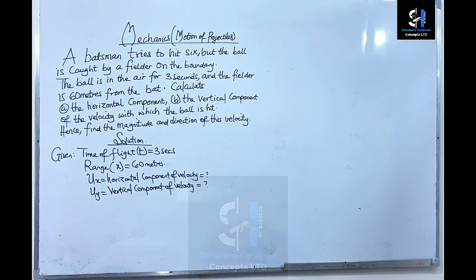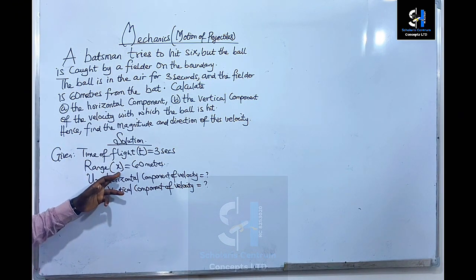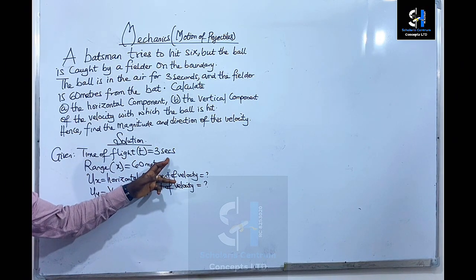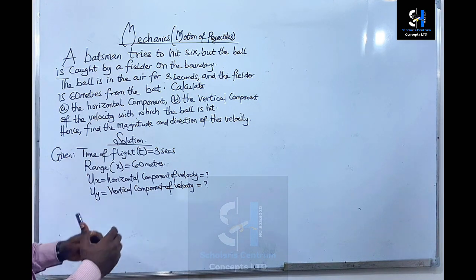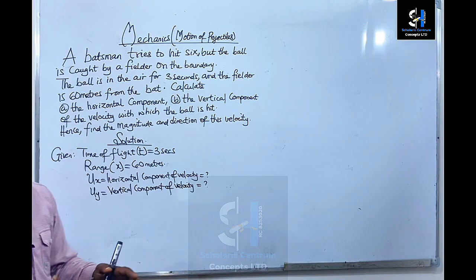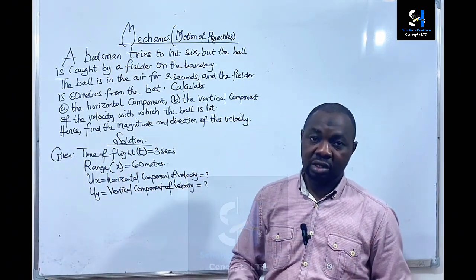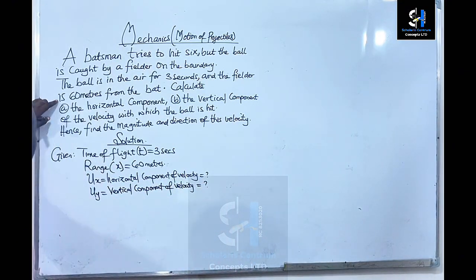All right, so now to be able to calculate the horizontal component of velocity, we can see that we are given the range, which is 60 meters, and the time of flight, which is 3 seconds. So for the ball to remain in the air for 3 seconds, the horizontal component of velocity remains constant throughout the flight.